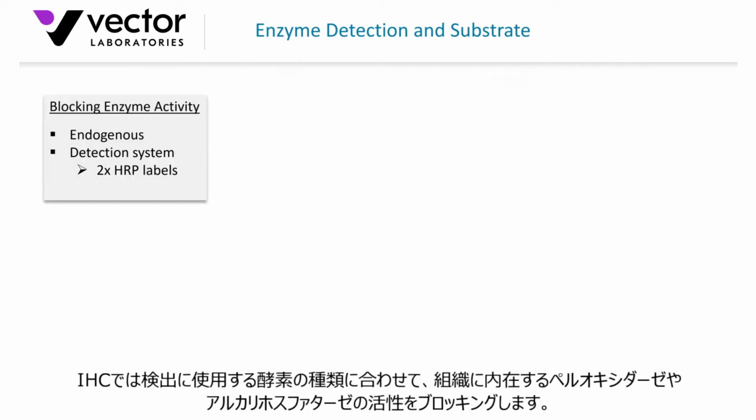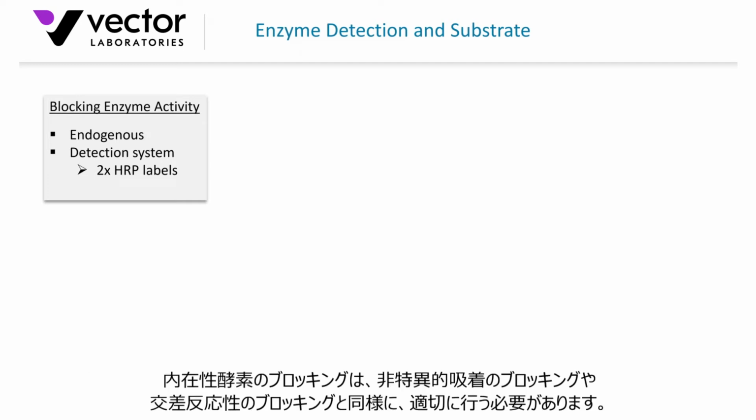All right, just to round out here our discussion on enzyme substrates, the application here of chromogenic immunohistochemistry is a little unusual in that there is inherent enzyme activity that you have to eliminate, and then you're going to introduce that same enzyme, probably either peroxidase or alkaline phosphatase, as part of that detection system.